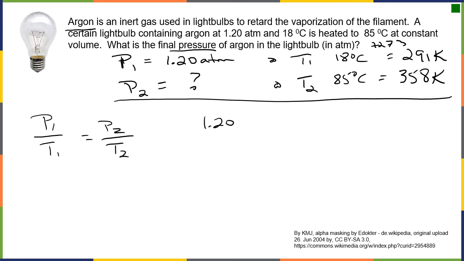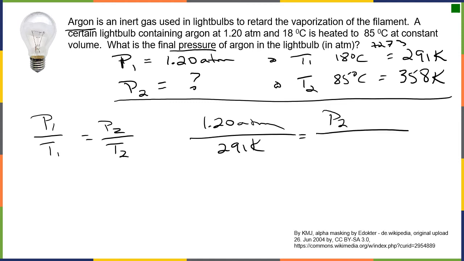So 1.20 atmospheres divided by 291 kelvin is equal to P2, which we're solving for, over 358 kelvin. Please cross multiply and solve for P2. Since the temperature went up, our pressure is going to go up, and our final pressure here is 1.45 atmospheres.